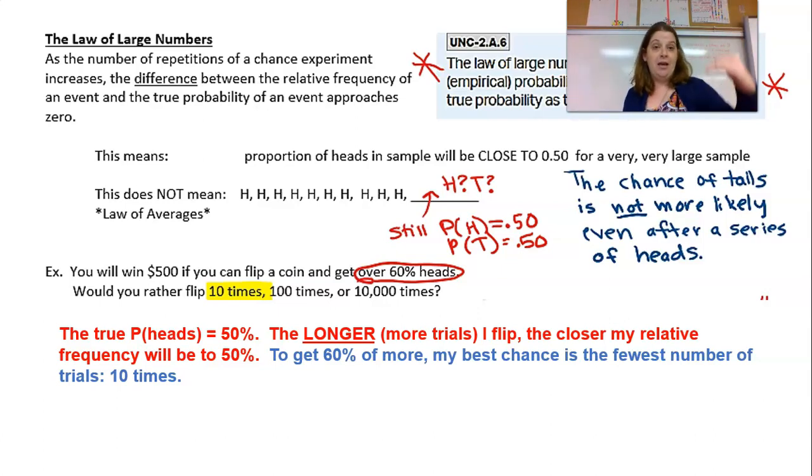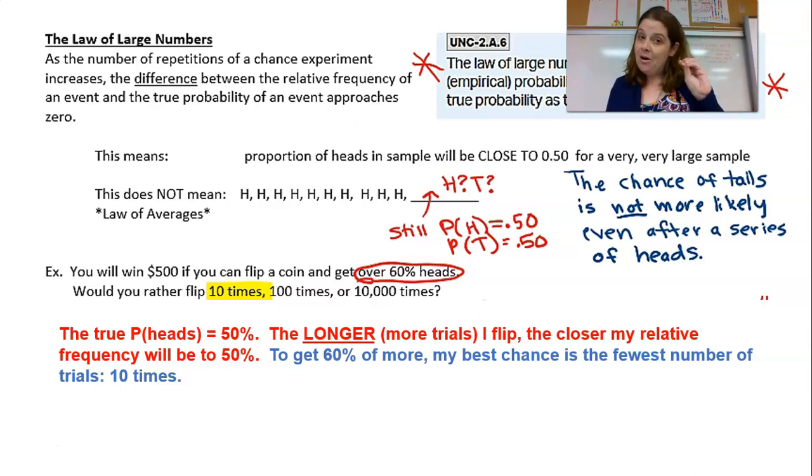So it's going to start off kind of all over the place. I may have a lot of heads or a lot of tails, and eventually it's going to level off. So the fewer trials are more wild and all over the place, and the more trials, the closer it's going to get to 50%. But I'm not trying to get 50%, I'm trying to get 60%.